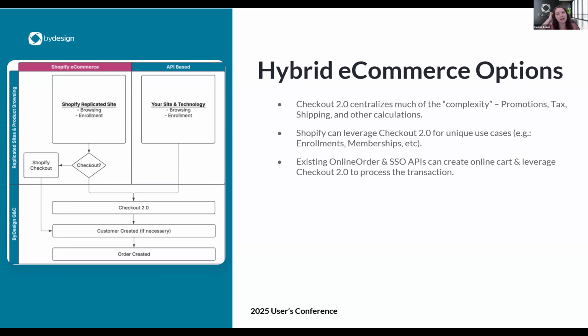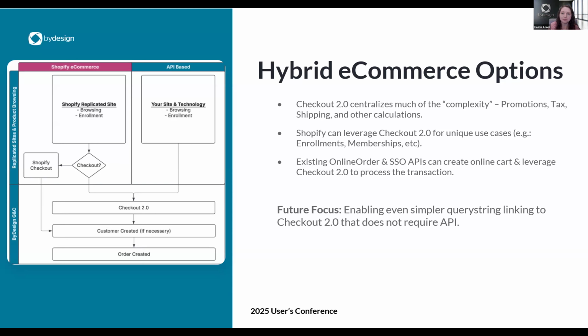So just know that everything I go through here is certainly a foundation of what's possible, but we can get creative and anything is possible. We're finding more and more that everybody has a little bit of a unique flow. So we're seeing more and more of these hybrid e-commerce options emerge.